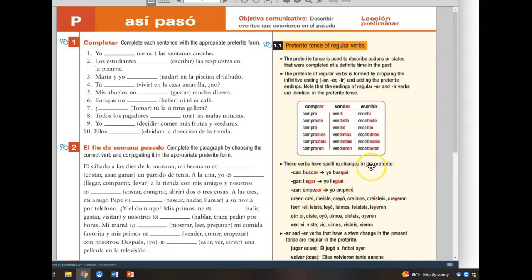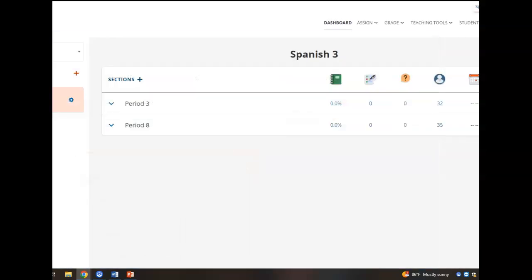Car, gar, zar verbs have a spelling change in the preterite, as you may recall from last year. Llegar is a gar verb. And so that G is going to change to a GU. This right here is the correct answer for number 2. Yo llegué a la tienda. All right, exercises 1 and 2 is all we're going to do to practice.